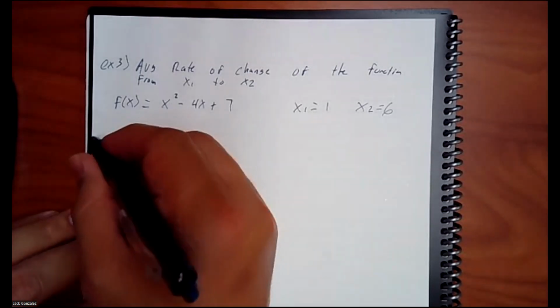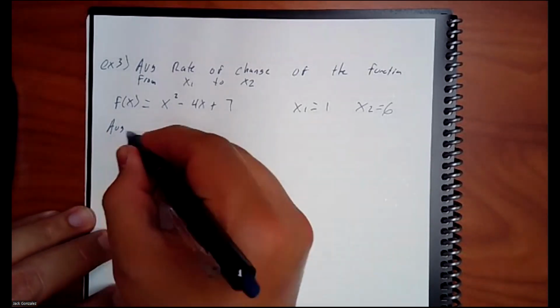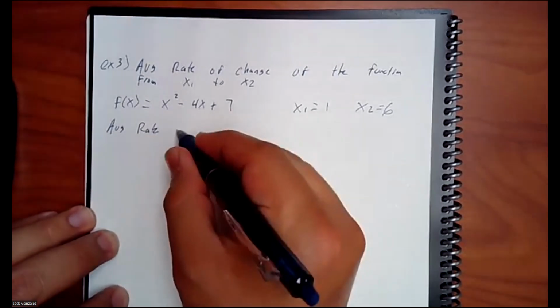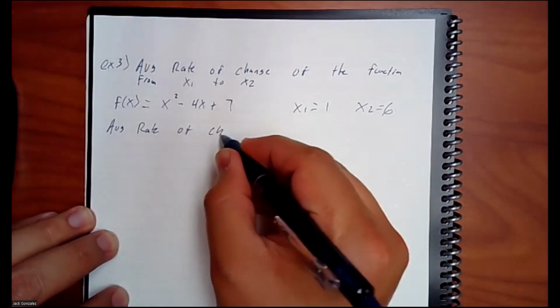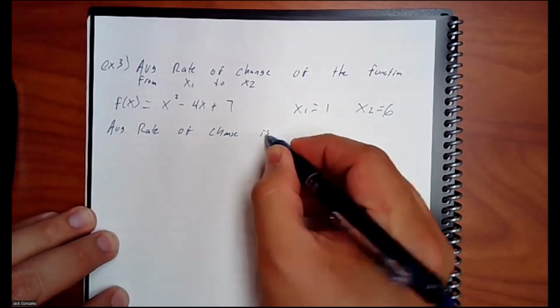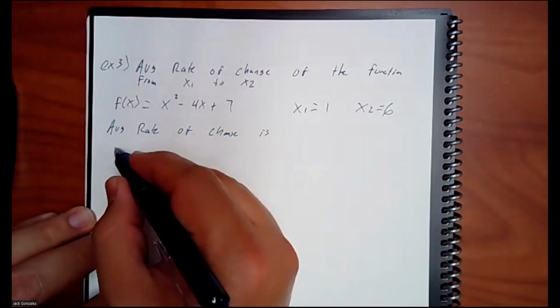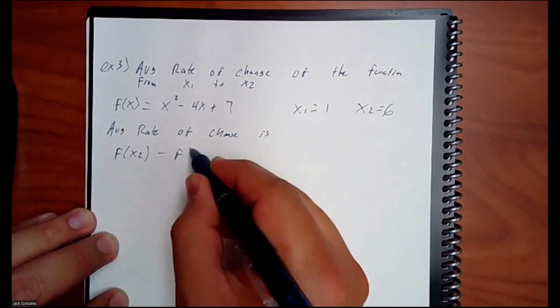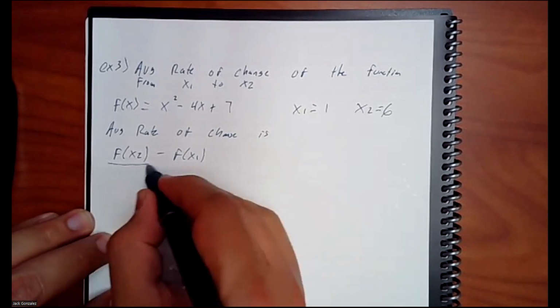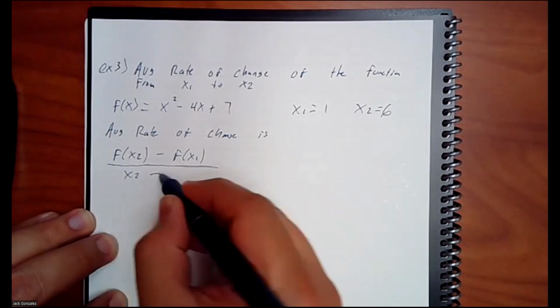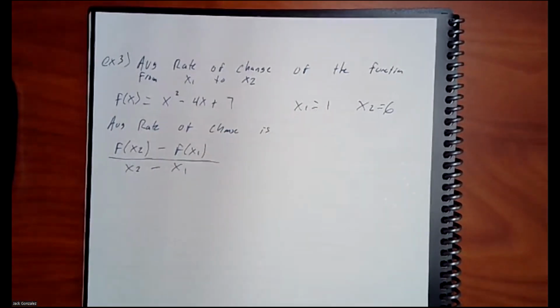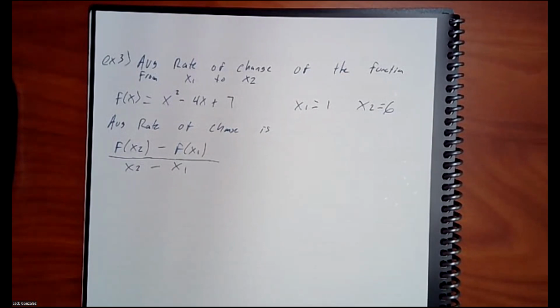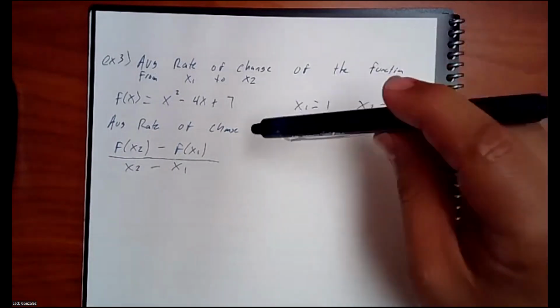All right, so all you're doing is this. The average rate of change is just this formula: f of x2 minus f of x1 divided by x2 minus x1. This is pretty much the same thing as y2 minus y1 over x2 minus x1.